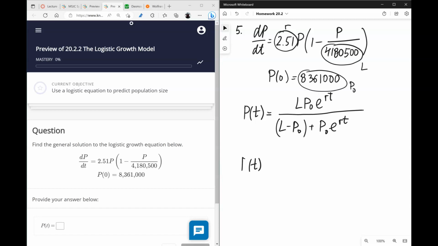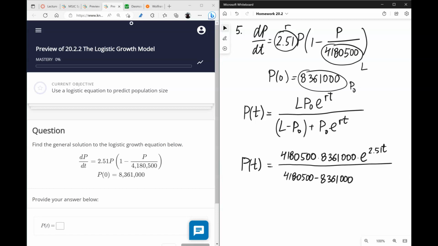So the solution will be L times P0 times e to the 2.51 t, divided by L minus P0 plus P0 e to the power RT. And the rest is just typing.